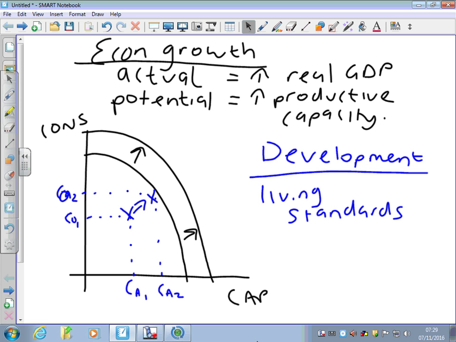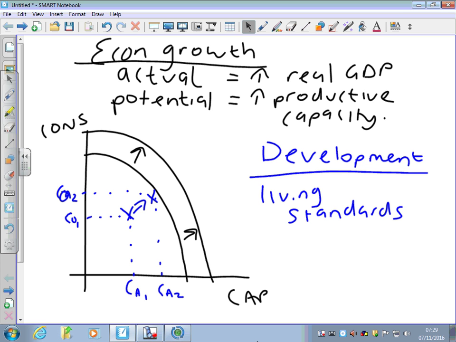So for me, my living standards will be dictated, I suppose in simple terms, by how many wants and needs you can satisfy. So we're looking here at access to food, drinking water, for example. Incomes are obviously important, housing, infrastructure, education, healthcare, crime, how happy people are. So it's made up of lots and lots of different things.